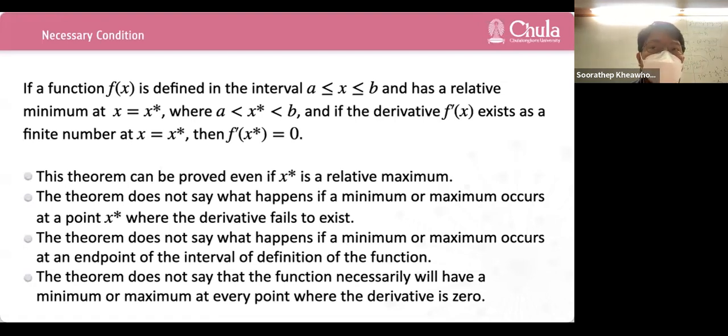However, if we have a point where f prime x star is 0, we cannot guarantee that that point is minimum or maximum.